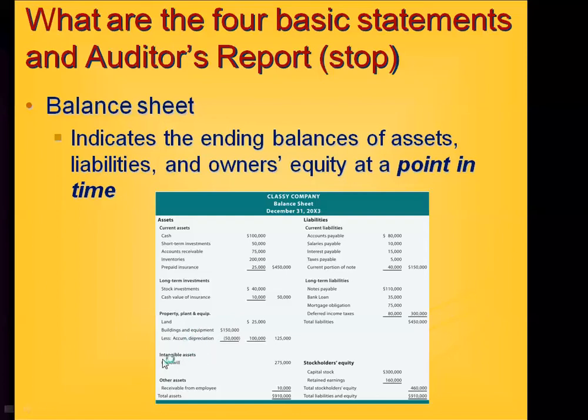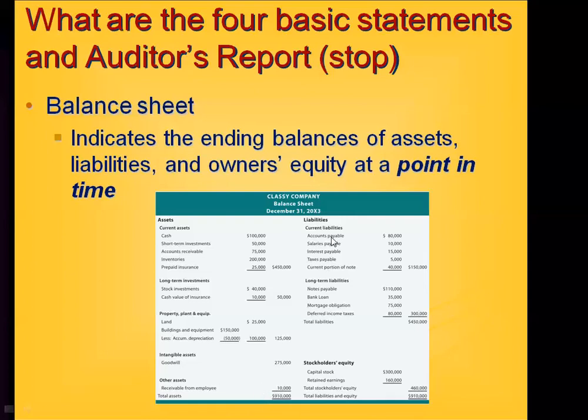Now, intangible assets are things that essentially are not tangible, meaning you can't touch them, feel them, or smell them, but they have value. Like your brand name might be an intangible asset, and that usually is classified as goodwill. And then we have other assets down here, and a total of $910,000.